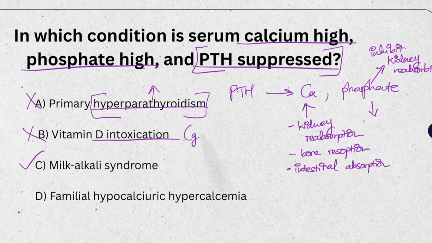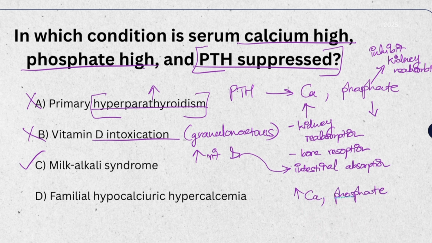The macrophages that are produced in these granulomas tend to increase or produce vitamin D. This vitamin D then increases the intestinal absorption of both calcium and phosphate. So in this case, we are bound to see both a high level of calcium and high phosphate levels, which, up to this level, matches with the question.